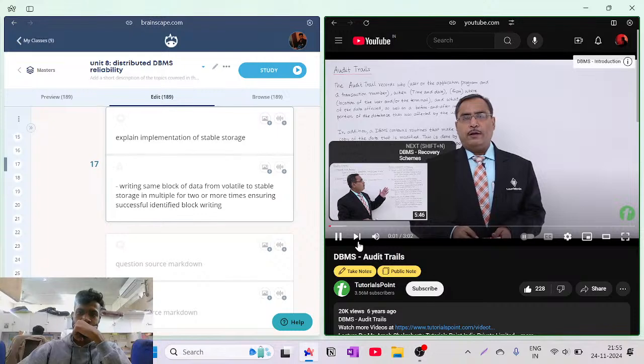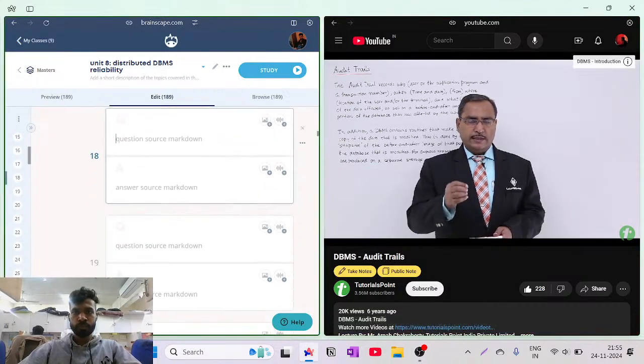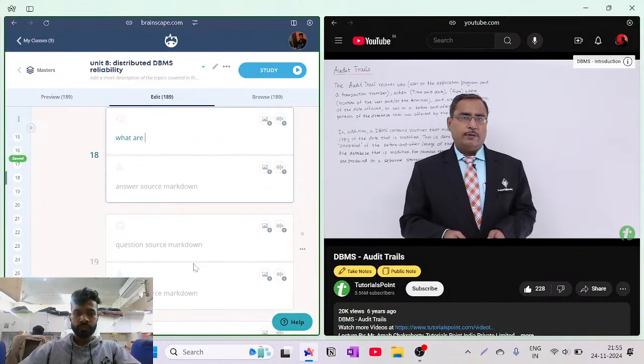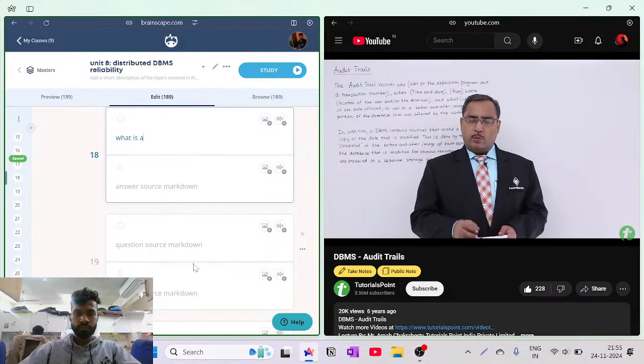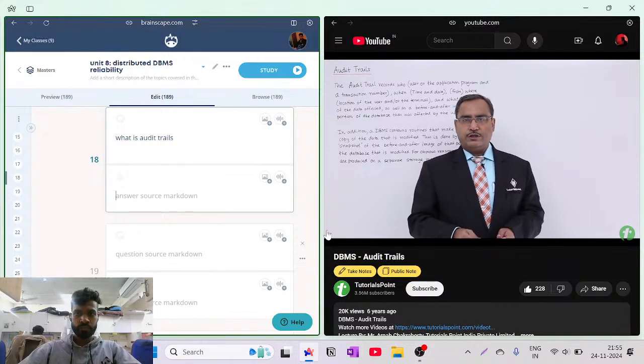We're discussing the topic audit trails. The question is coming in mind, what is audit trail? Audit trail is nothing but one record which will be generated against each and every transaction.